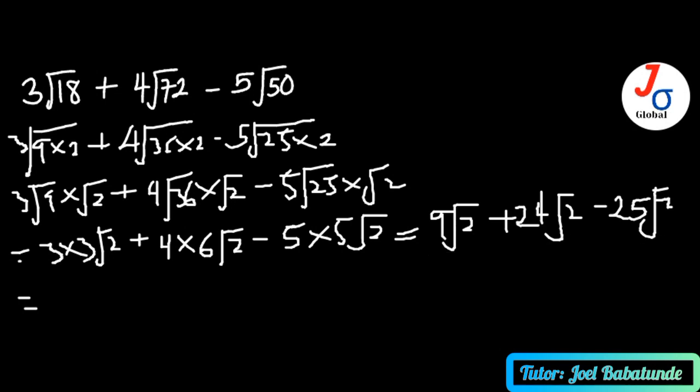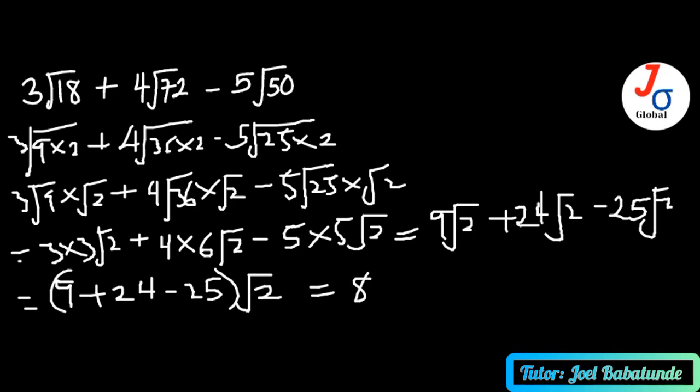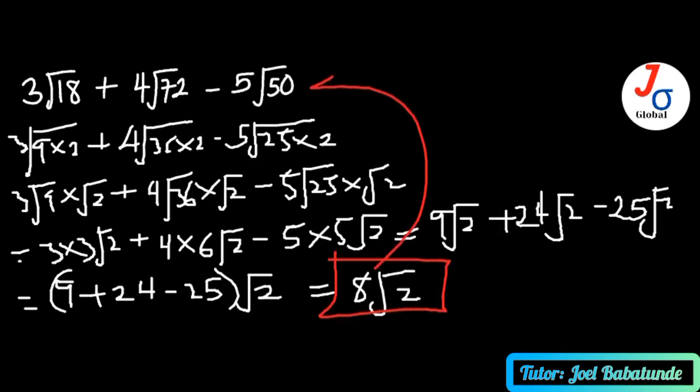Then I'm going to have 9 plus 24 minus 25. Since I have the same root 2 in all of them, that's going to be 8 root 2. So that's the final answer to this question.